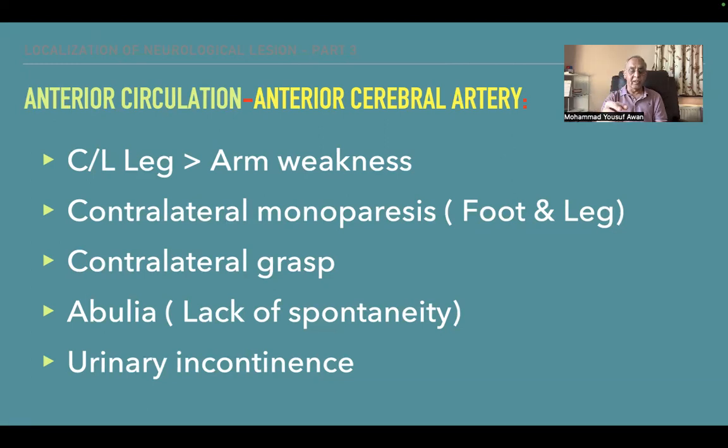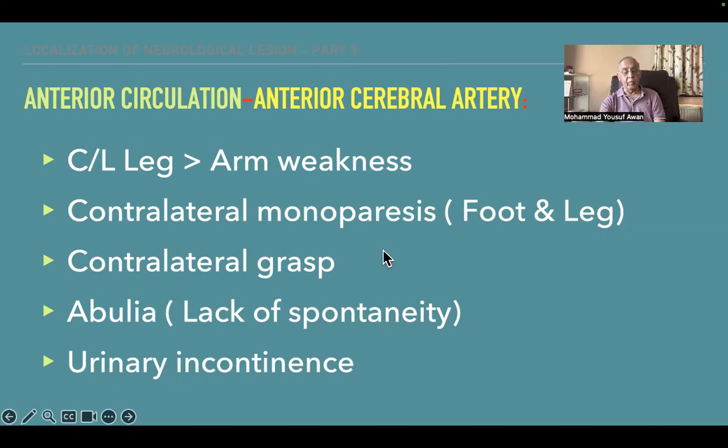But if the frontal lobe is involved, by either a circulatory defect or any other structural defect, the grasp reflex will reappear, and this will be present in the opposite arm. So there is weakness on the opposite side, more marked in the leg than in the arm, or a contralateral monoparesis of one arm or the leg, and the contralateral grasp reflex is present.